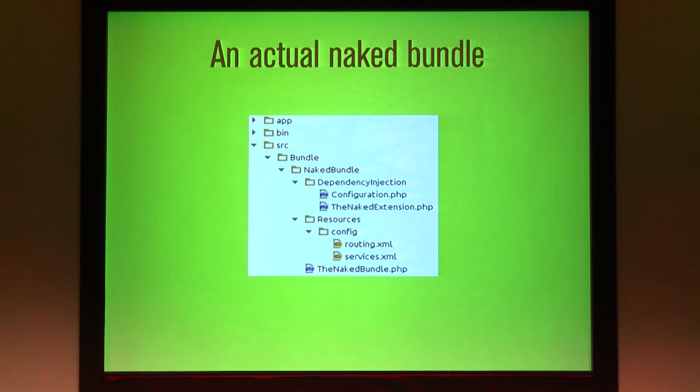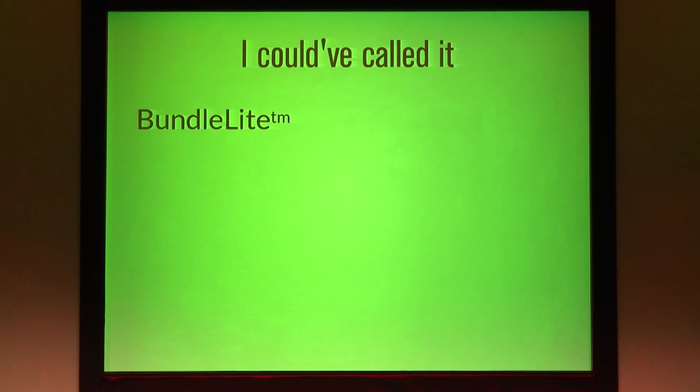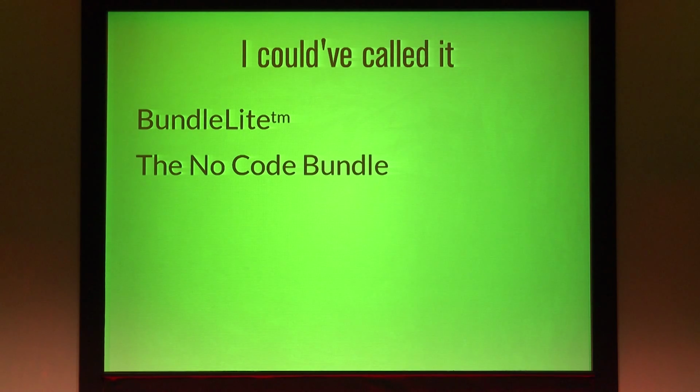Just a couple of files: the bundle class, the dependency injection folder, the configuration, the bundle extension class, and of course some configuration files in Resources/config. So I could have easily called this bundle light, maybe. Or the no-code bundle, since there is almost no code inside this particular type of bundle.